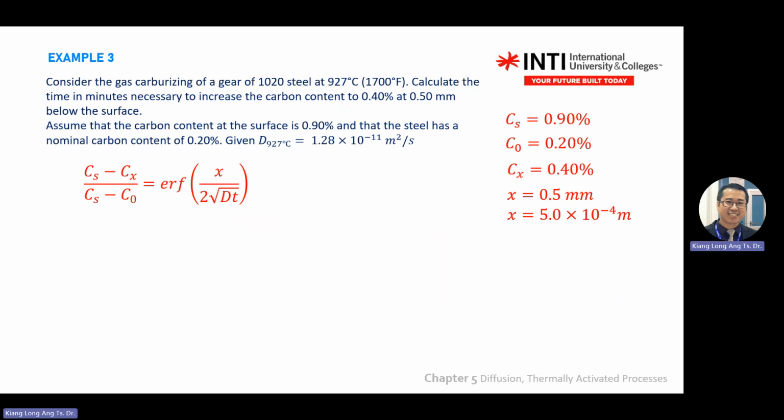Cs minus Cx divided by Cs minus Co. What do you get? It's a ratio, it doesn't have any unit.